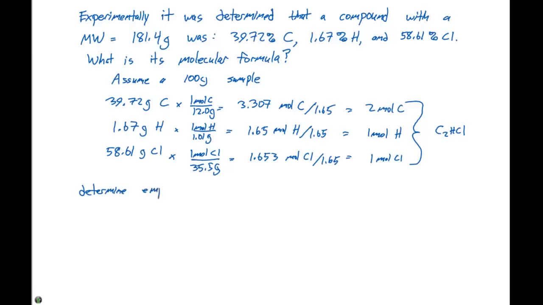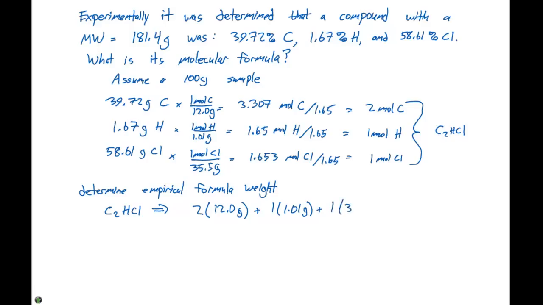So now the next step is to determine the empirical formula weight. Because we know the molecular weight is 181.4. So if we have C2HCl, we have 2 times 12.0 grams plus 1 times 1.01 grams plus 1 times 35.5 grams.